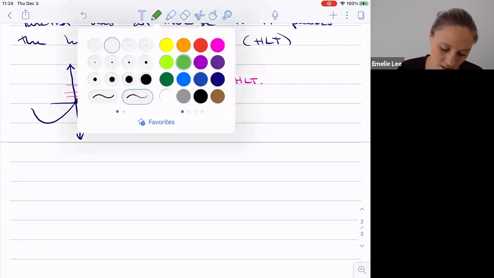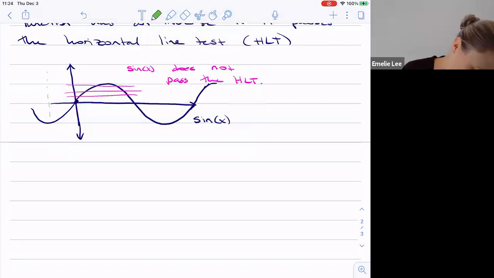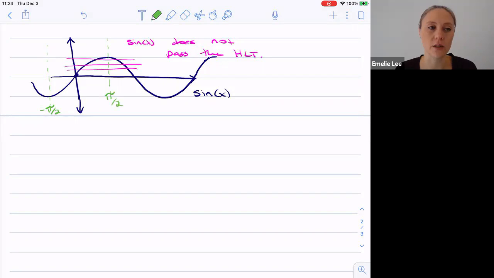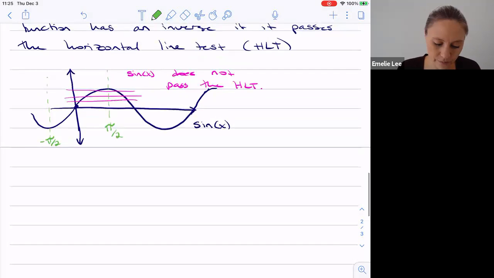So now I'm going to restrict the domain to -π/2 and π/2. I'm just telling you what those points are. Because now if I look at just this region, it is one-to-one because it passes the horizontal line test.